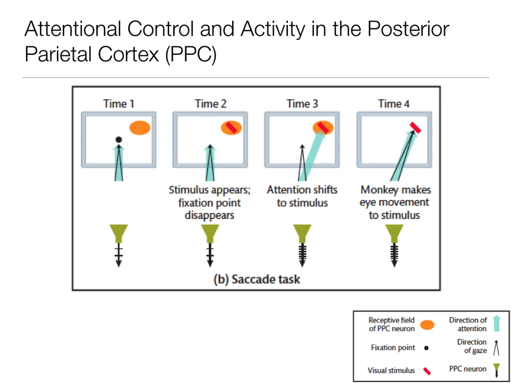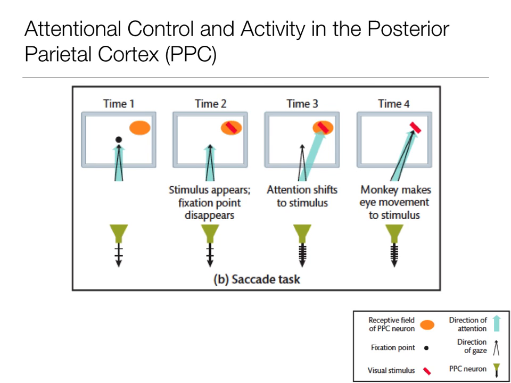And we don't see any difference between time 1 and time 2 in terms of firing rate. At time 3, the attention shifts to that stimulus, but the eye movements haven't happened yet, okay? So attention has shifted, but the eye movements haven't happened, and you can see that firing rate goes up. So this is before eye movements happen.